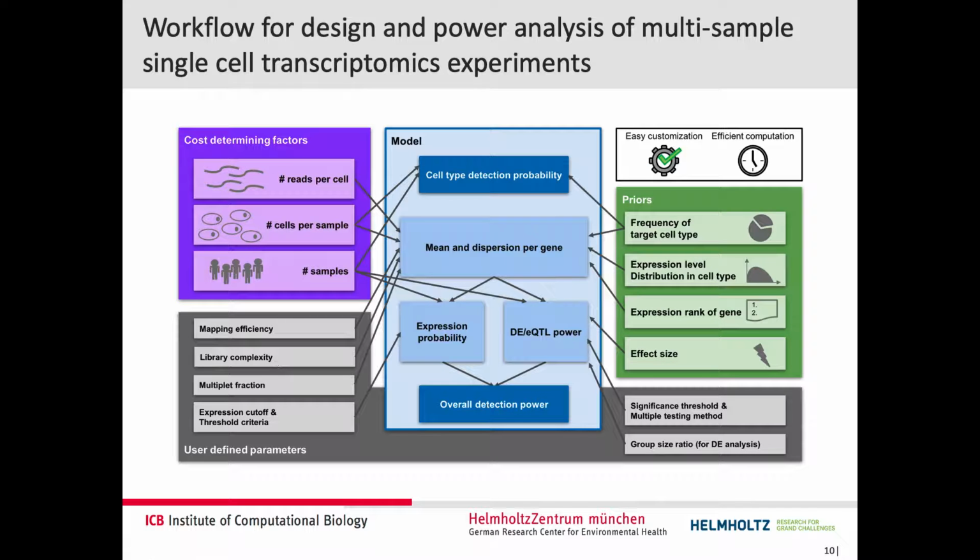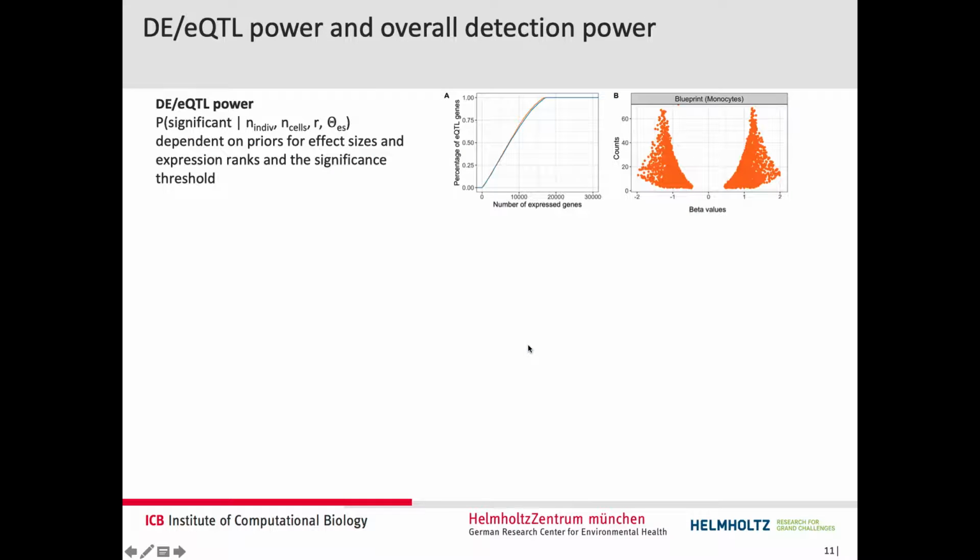So now that we are confident in the first part, we can look at the DE or eQTL power. For this, we can use methods that are already established for bulk, given that we know the mean and dispersion parameters, which we can get from our expression probability model. And then we need to incorporate additional prior information of the effect sizes and expression rank.